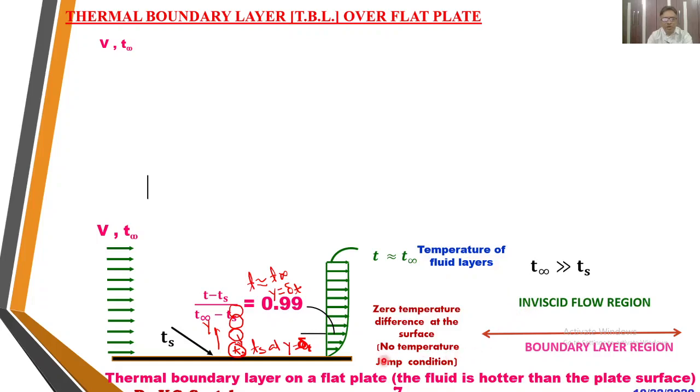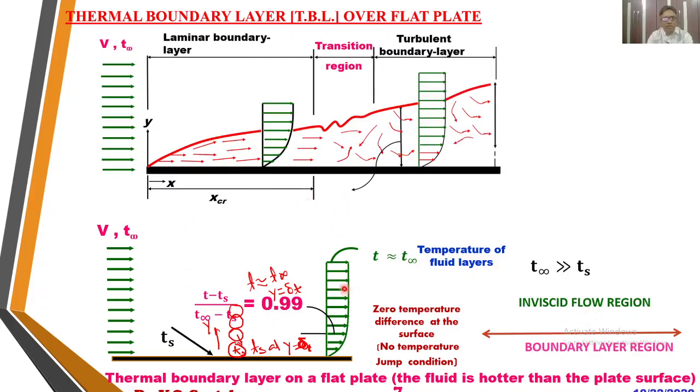So because of this no temperature jump condition, the thermal boundary layer formation takes place. This diagram represents the temperature profile, that is the variation of temperature from the flat plate to a distance y normal to the flat plate.